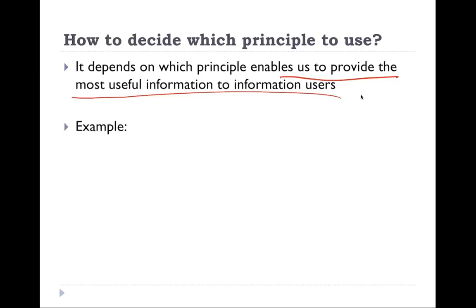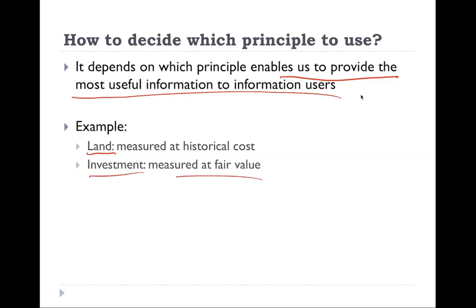For example, land that companies own is usually measured at historic cost, and investment is usually measured at fair value. Because for investment, for example, a firm may own some stocks. They may have bought the stock at $50, and at the end of the year, the fair value of the stock may be $100.